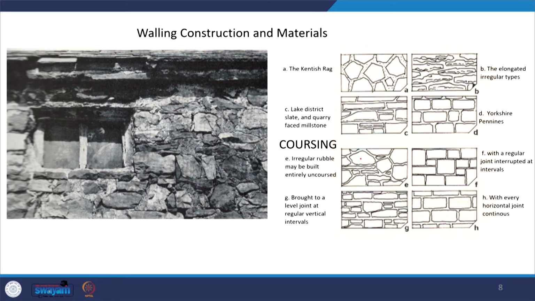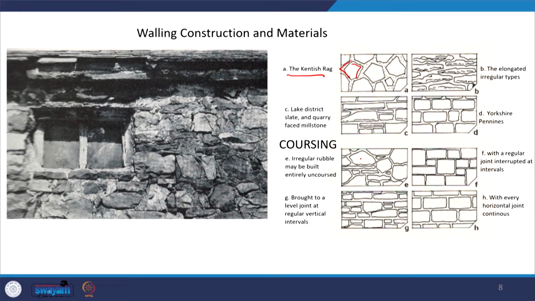Let me brief you about a few techniques of wall construction and the technical terminology adopted in them. One is the Kentish rag, where polygonal shaped stones are placed, and that is how the Kentish rag is made.